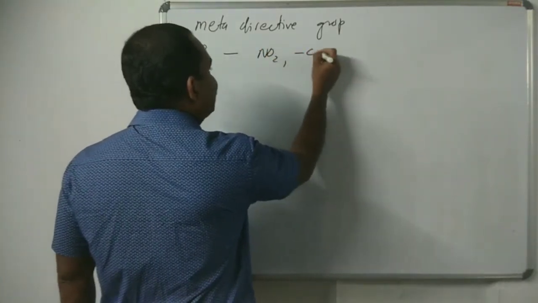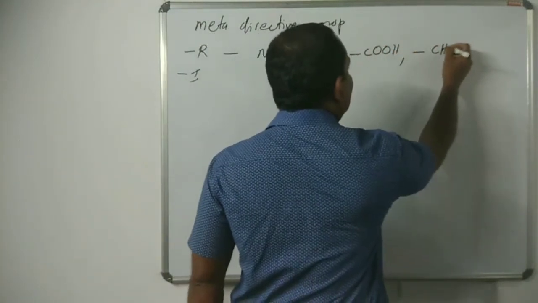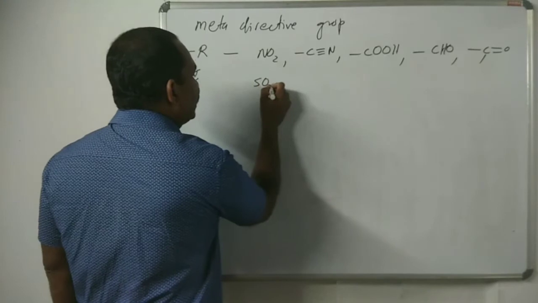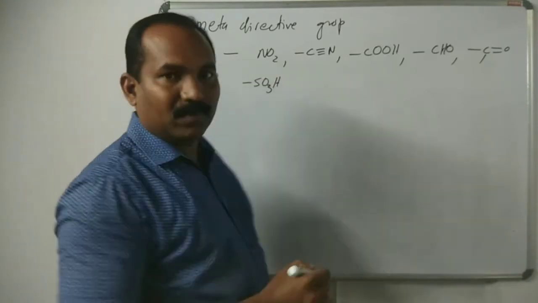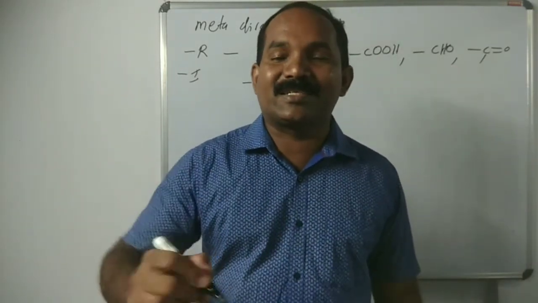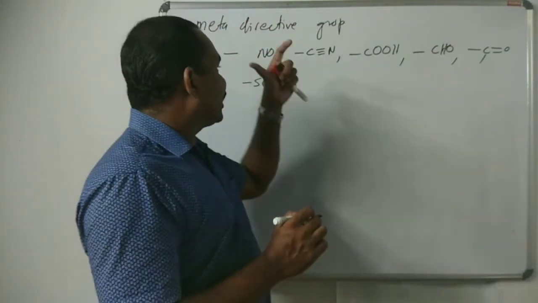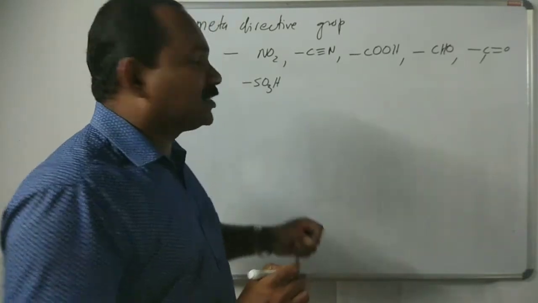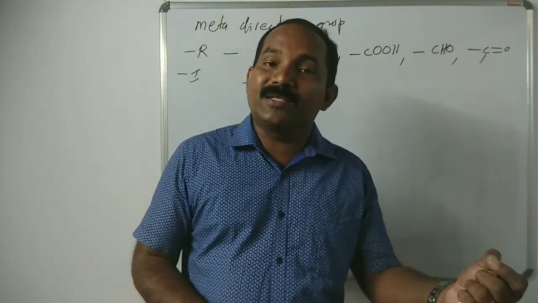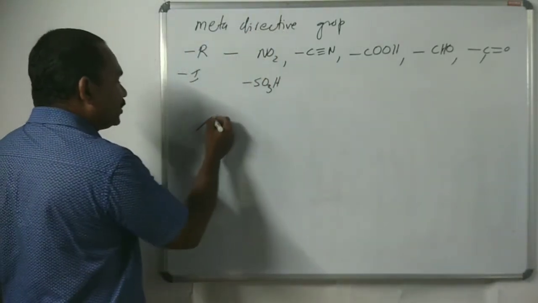NO2, C triple bond N, COOH, CHO, C double bond O, that is the keto group, and SO3H. These are minus R groups, negative resonance effect groups. They are also minus I groups. These withdraw electrons from the benzene ring and the incoming electrophile goes to the meta position.